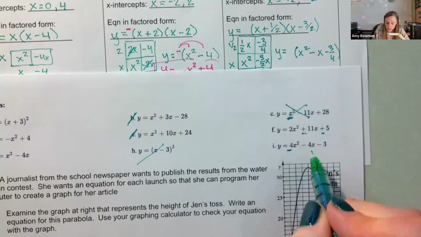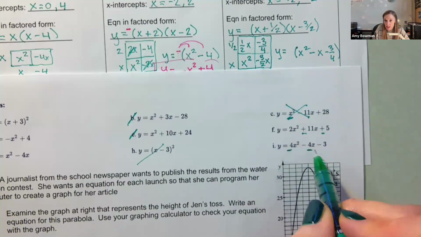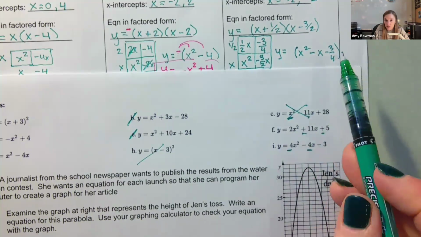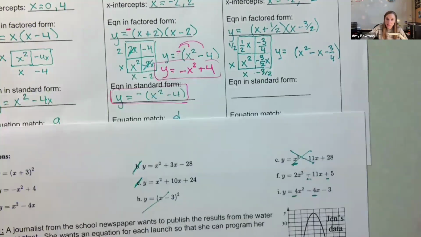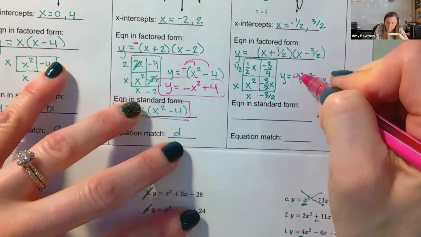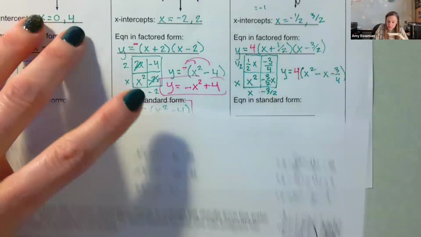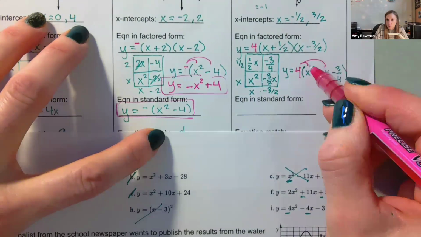What's different about our option is that instead of x squared, it's 4x squared. Instead of minus x, it's minus 4x. And instead of -3/4, it's minus 3. So what that means is there is this stretch value out front of a 4, and what they did to get this equation was just distribute that 4 to each of those three terms.